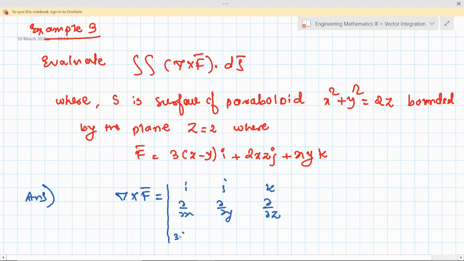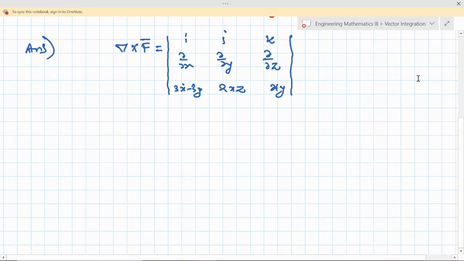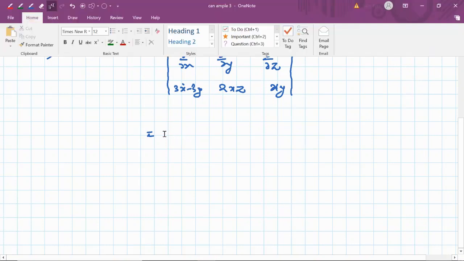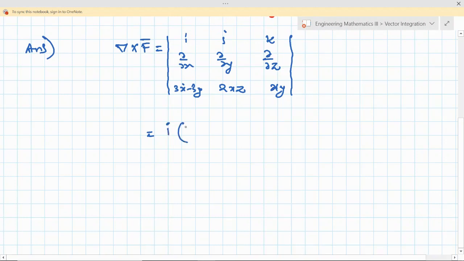F1 is 3x minus y, F2 is 2xz, and F3 is xy. For the i component, the partial derivative of xy with respect to y is x, and the partial derivative of 2xz with respect to z is 2x.